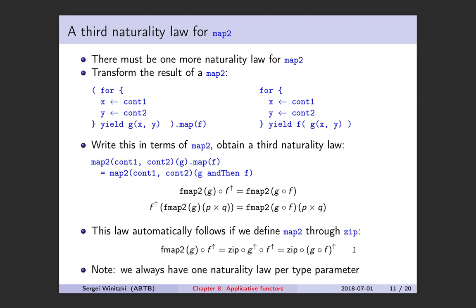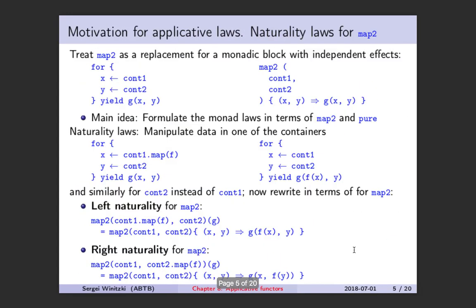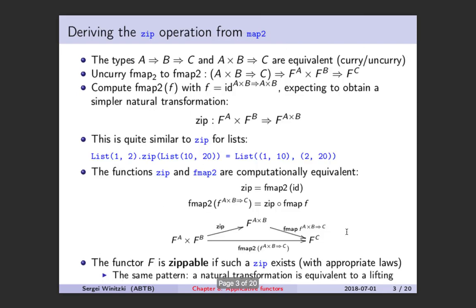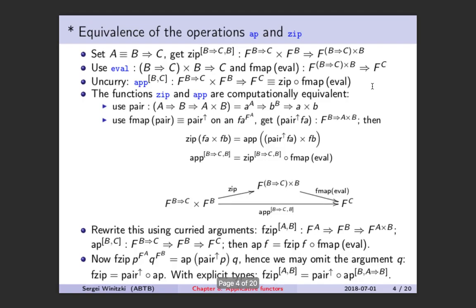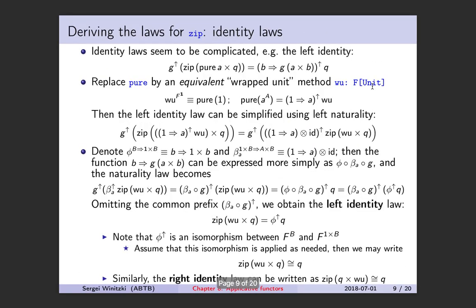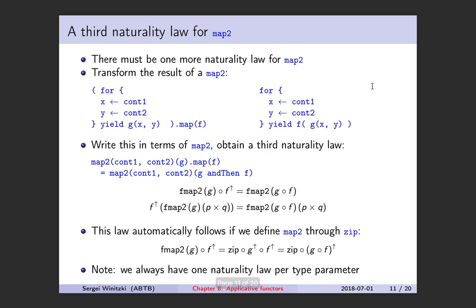So we could have noticed that we're missing a naturality law for map2. If we looked at map2 type signature, we see it has 3 type parameters. And usually there is a naturality law for each type parameter, because naturality law means we aren't changing the results of any transformations applied to a certain type.